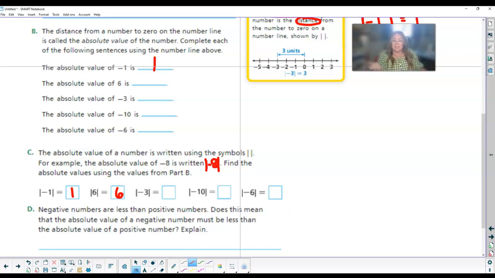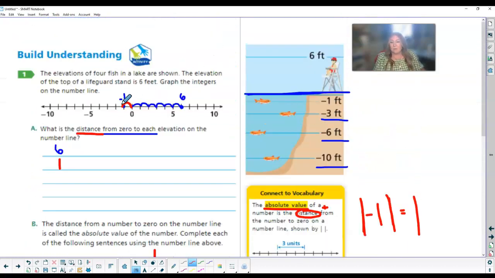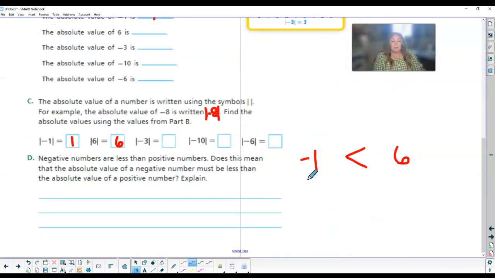If I have -1 and 6, we can agree that -1 is less than 6. Up here, -1 is on the smaller side. It's lower than 6. But if we're looking at the absolute values, let's take a look at those.